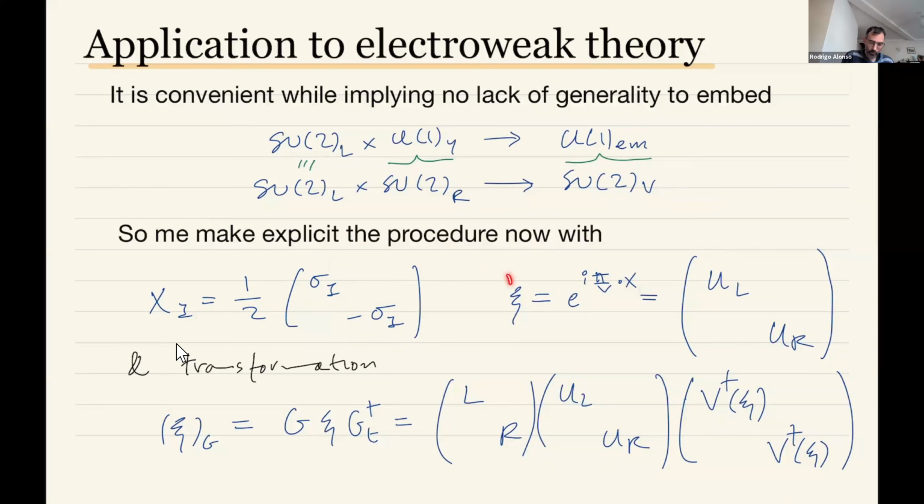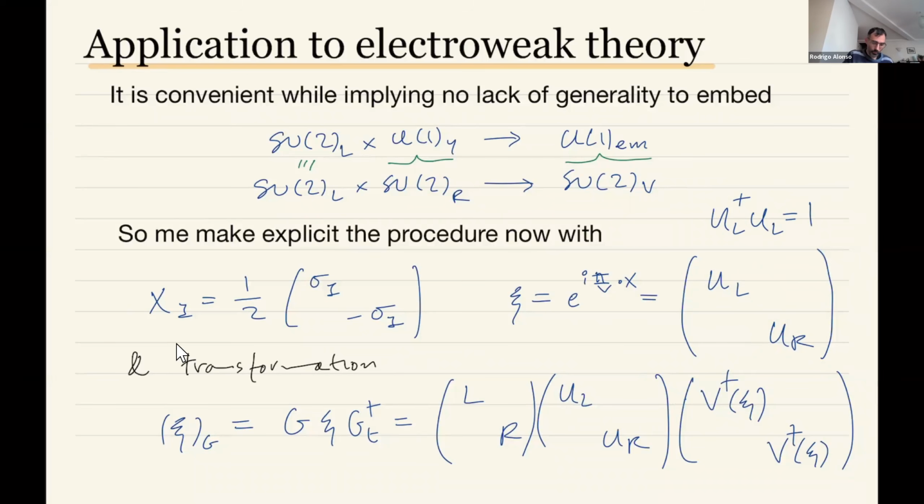To obtain Xc, we just exponentiate them contracted with our pi fields or Goldstone bosons. That exponentiation will maintain that block diagonal form, and let me call U left and U right each of them. They are unitary, and the same for the right-handed.